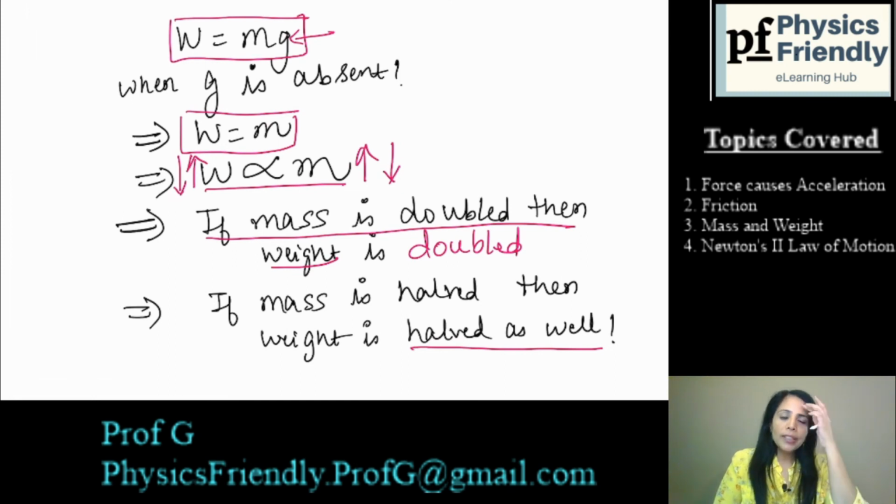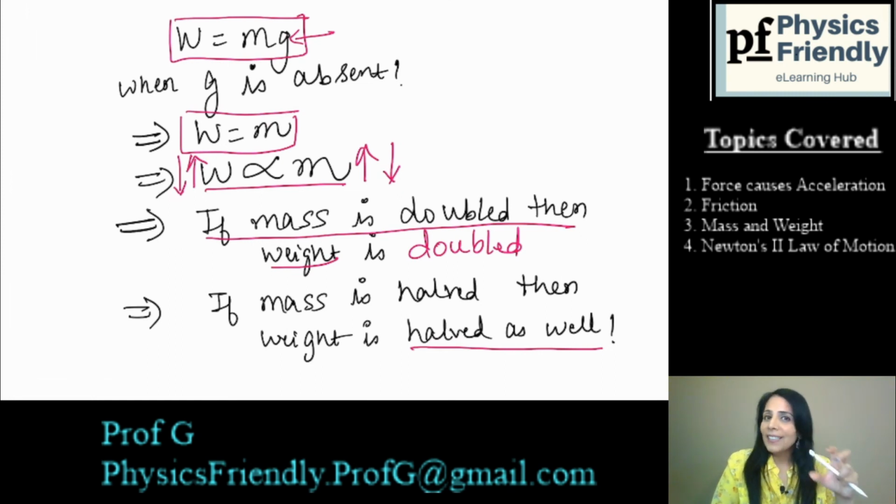Another important thing is mass is an intrinsic property, an internal property of an object. Weight is not an internal property of an object. What that means is, let's say I take an object and place that object on earth, the object is going to experience a gravitational pull from earth. So gravitational acceleration on the surface of the earth is 9.8 meters per second squared, and that holds good.